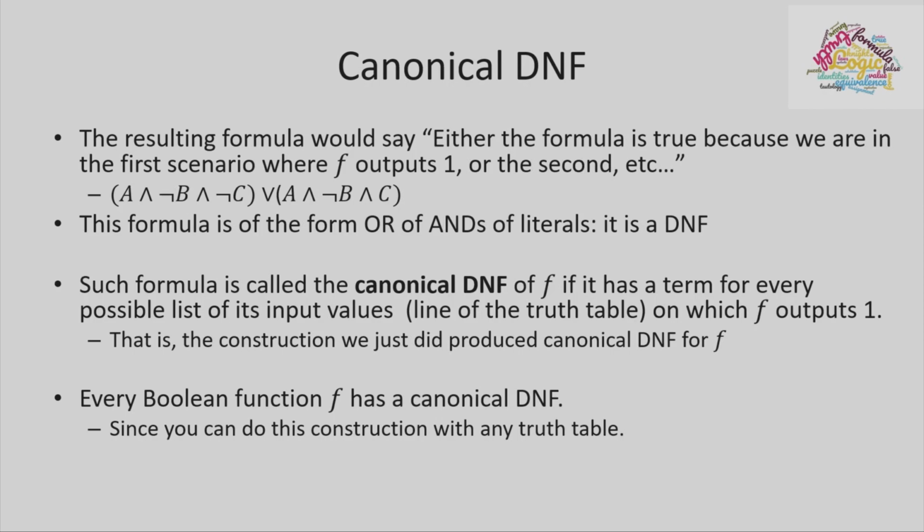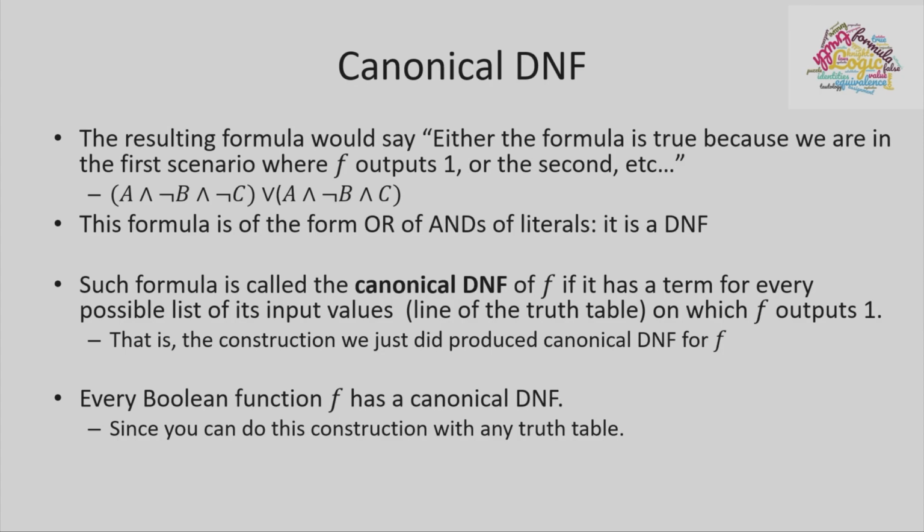We call such a formula a canonical DNF of a function f if it has a term for every possible list of input values on which f outputs 1. So if there are only 2 possible scenarios where f outputs 1, as we just saw, then its canonical DNF would have 2 terms. If it outputs 1s everywhere, then it will have as many terms as there are lines in the truth table.